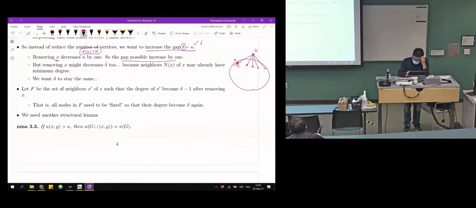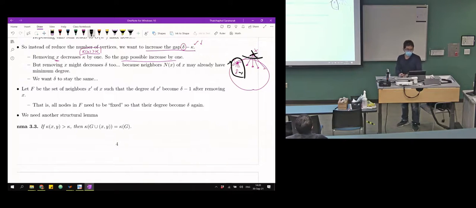If this node x prime has degree delta, then if you remove x, the degree of x prime would be delta minus 1. So the gap doesn't increase. The goal now is to fix this.